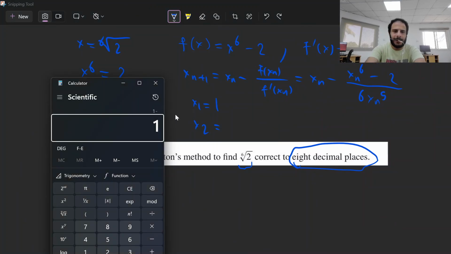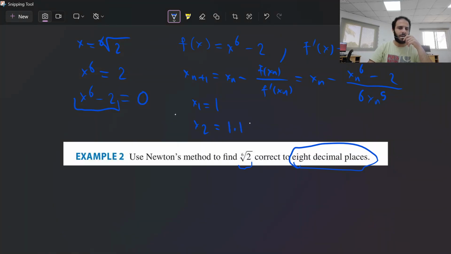So you have 1 minus, you open 2 parentheses, then 1 to the 6 is 1, right? Minus 2, you close the parentheses, then you divide by 6, right? You get 1.16 repeating.